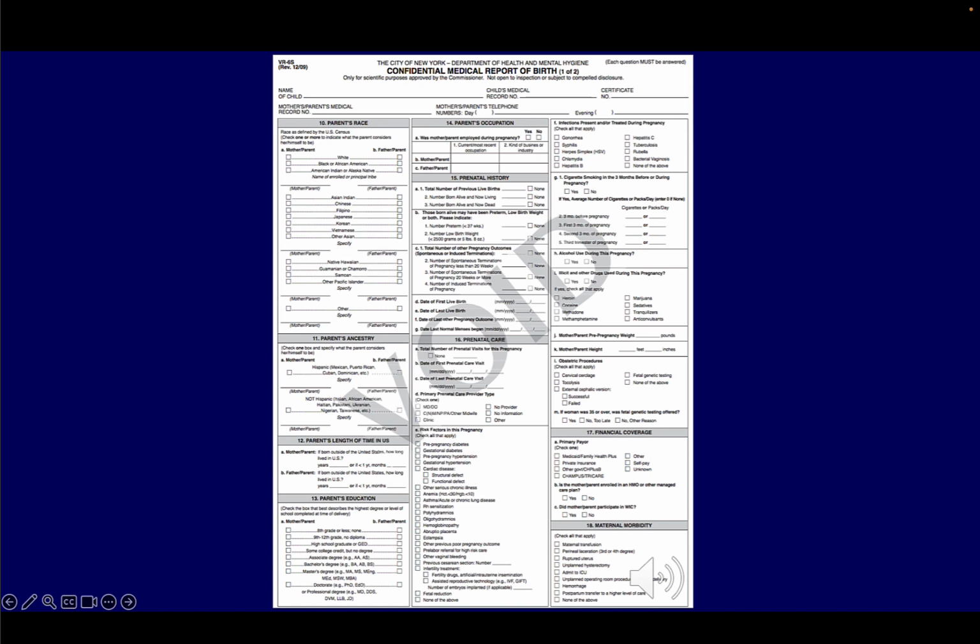Also, access to the information on the confidential section of the birth certificate is even more restricted compared with the public section, and it's usually limited to the government agency that administers birth registration, in this case the New York City Health Department, but it may also be made available for medical purposes or for legal reasons, such as in criminal cases.